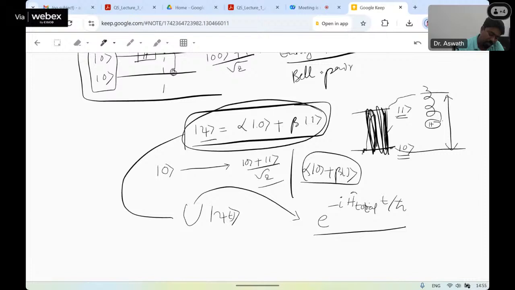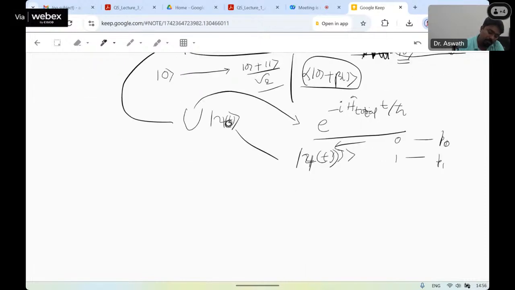This would leave me some new quantum state. You can call the initial state psi 0, and this would be psi of t. By studying this psi of t, I'll find what is the chance of getting 0 when I make a measurement, and what is the chance of getting 1.